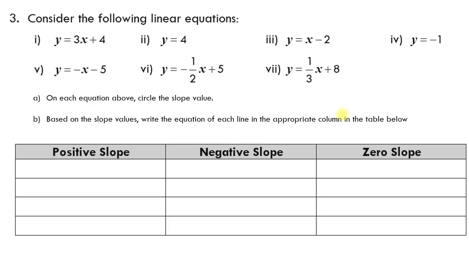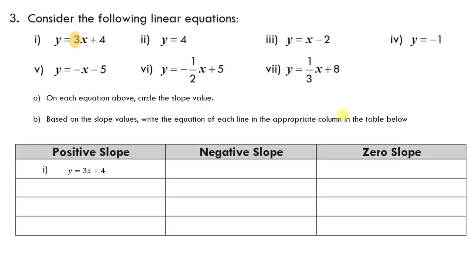And based on the slope values, write the equation of each line in the appropriate column in the table before. So the first question, or the first equation, is y equals 3x plus 4. We've circled the slope value, 3, and because it's a positive number, we've put it in the positive slope column.